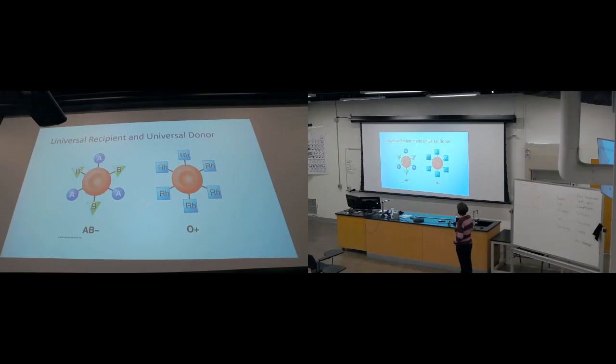So here we have AB negative. This AB negative doesn't have antibodies against A blood type, against B type, or against O, or against Rh.